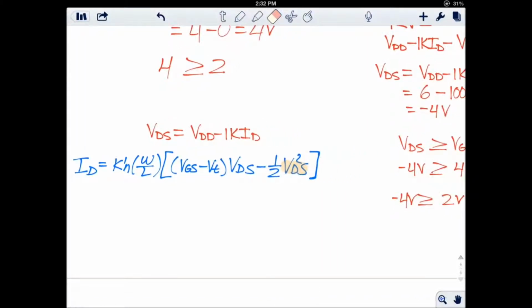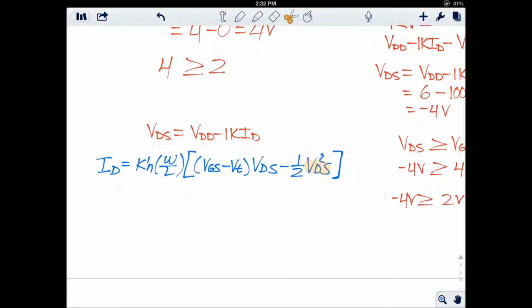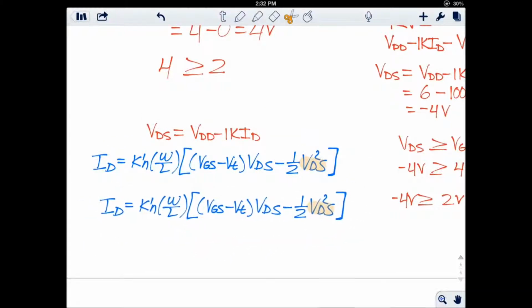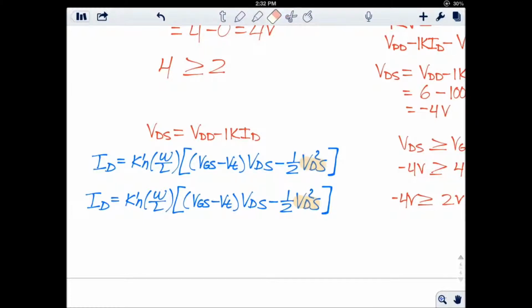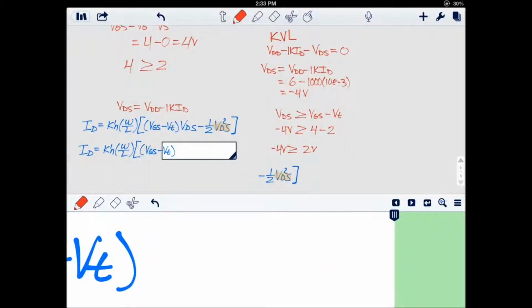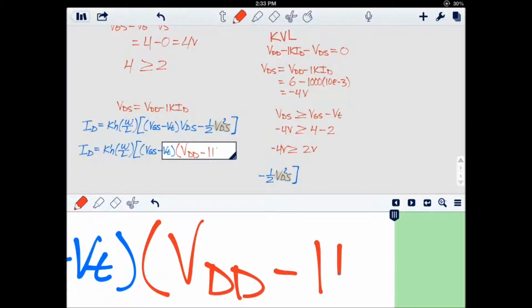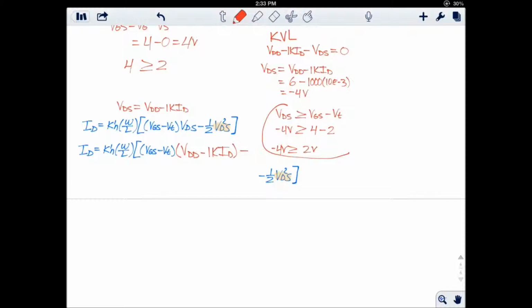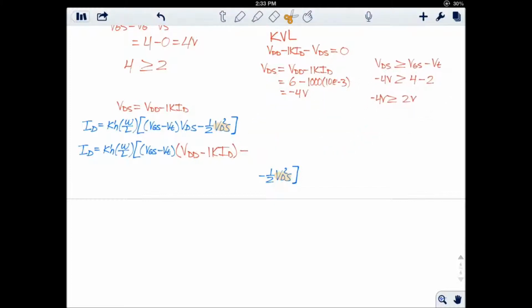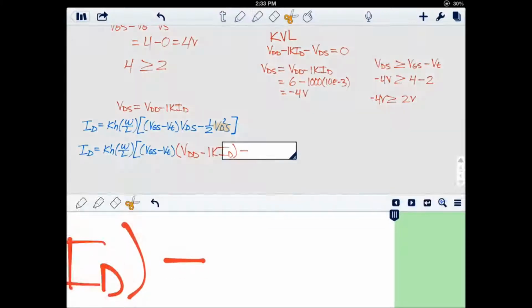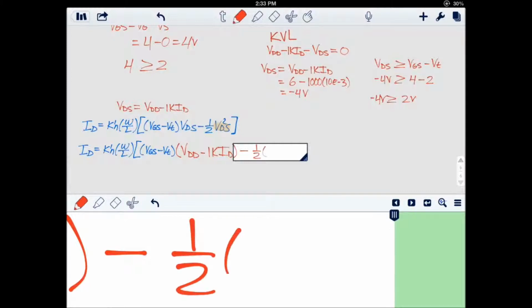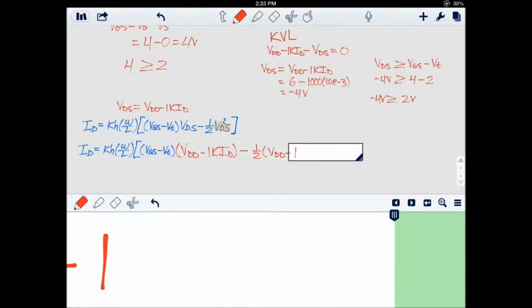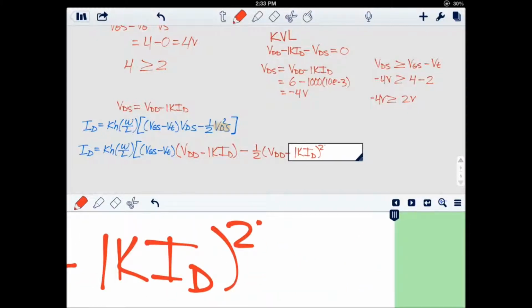So what will we be left with? I'm doing it kind of quickly, just copying and pasting. ID equals 1/2 times the transconductance times (VGS minus VT) times VDS, minus 1/2 times VDS squared, where VDS is VDD minus 1 kilo ohm times ID, and all this squared.